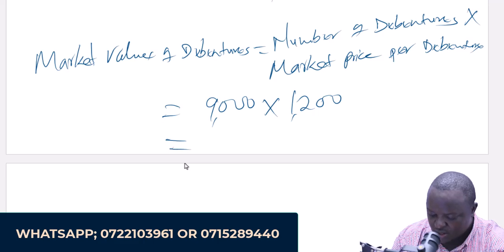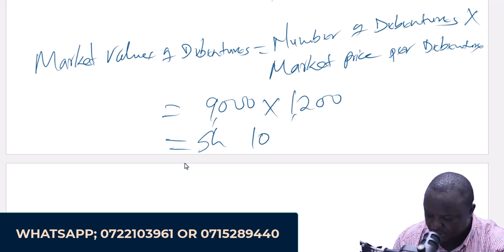So our market value for the debentures is 9,000 times 1,200. You will get shillings 10,800,000.